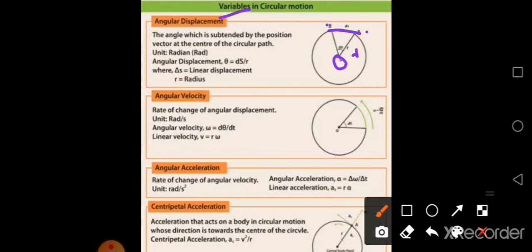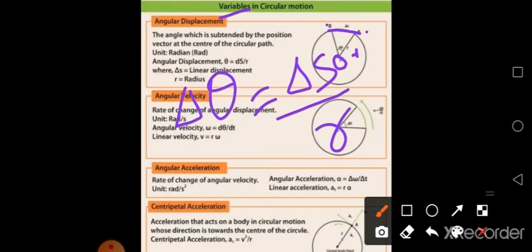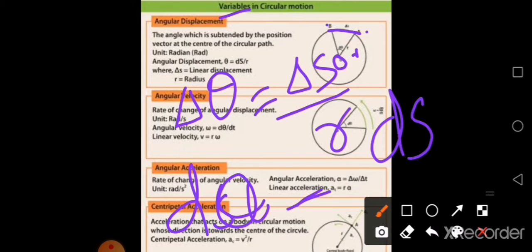Angular displacement is usually denoted by theta, or for small angular displacement you can write delta theta equal to delta s by r, or d theta equal to ds by r.